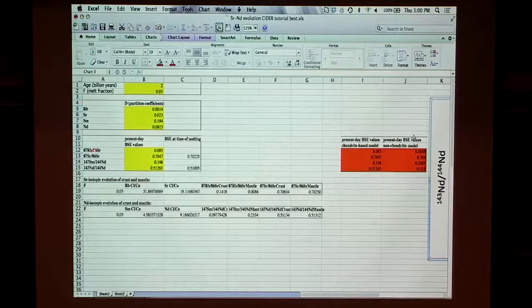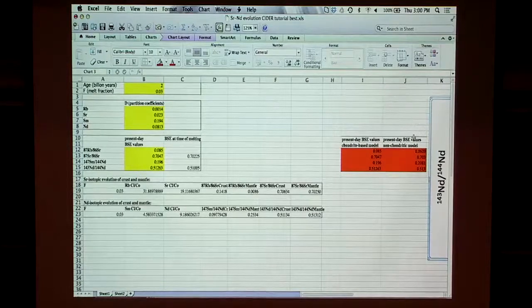So the rubidium-strontium ratio, the strontium isotope ratio, the samarium-neodymium ratio, and the 143/144 neodymium ratio. If you want, you can try to play around with something like this, which is a composition for the bulk earth that has been suggested in the last decade or so. This is the Boyet and Carlson kind of stuff, if you're familiar with it.